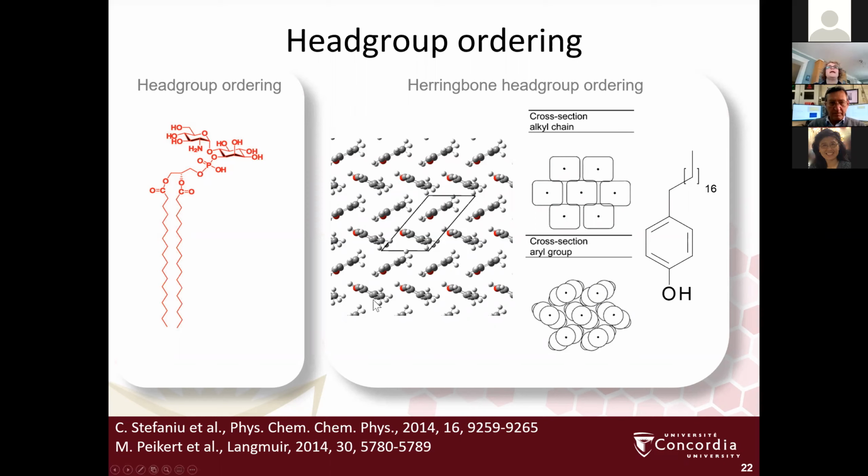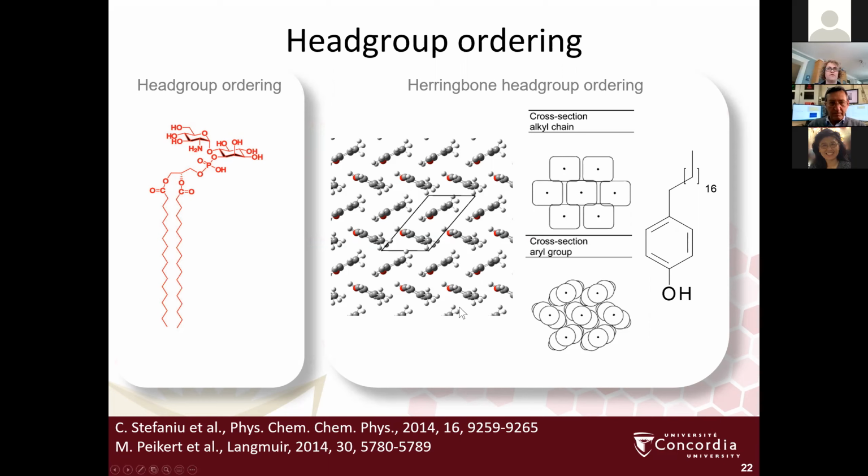Now, a herringbone head group ordering was proposed just based on space requirements by Pikert, who suggested that the chain cross sections allowed it to be in a hexagonal type of packing, whereas the head groups would be forced to organize in a herringbone arrangement simply because of their size.